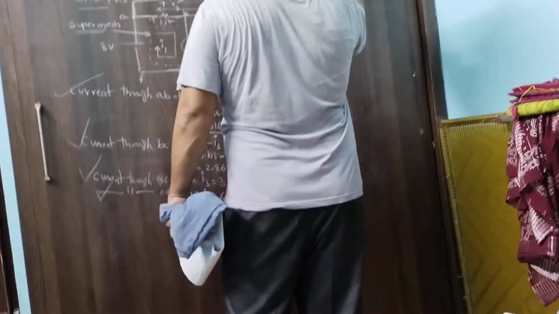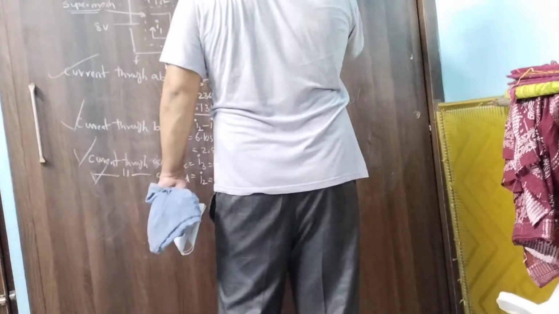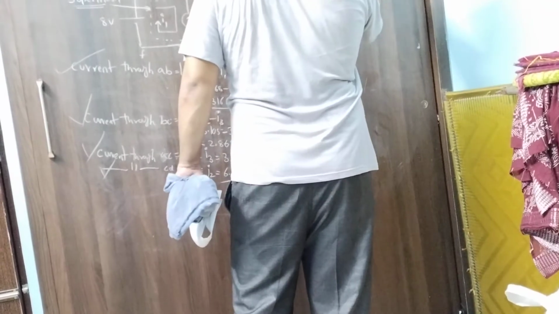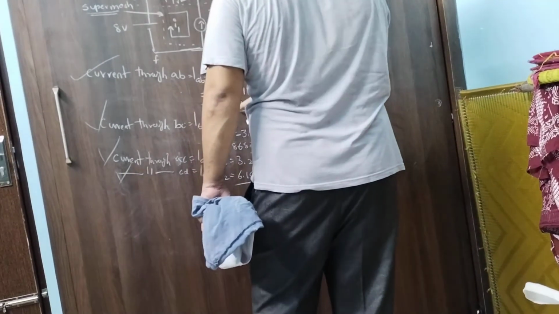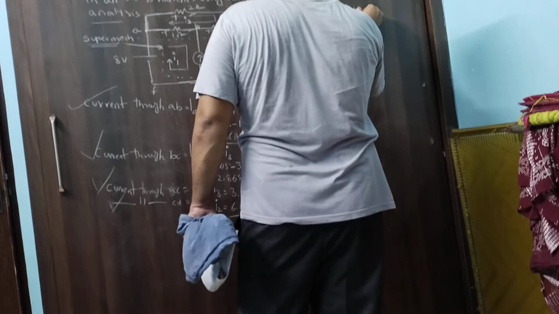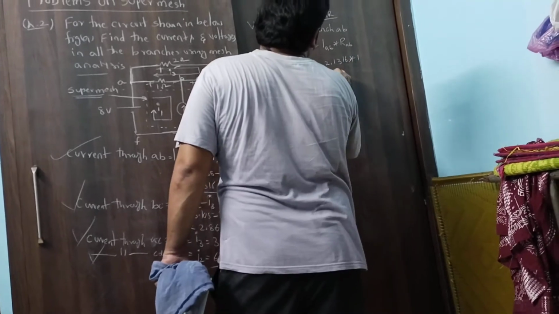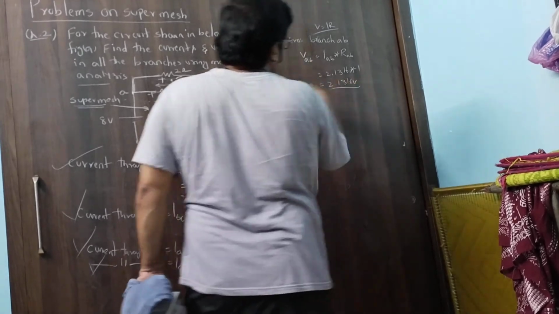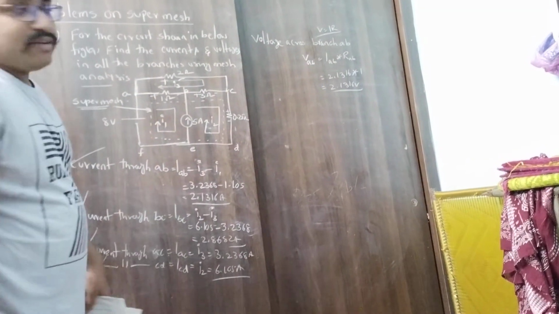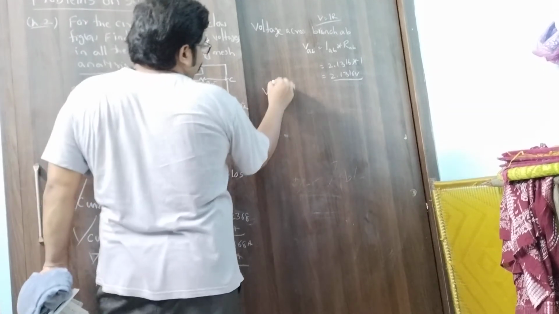V is equal to I into R. So IAB multiplied with RAB. What is IAB? IAB is 2.1316 multiplied with RAB. Which resistance is there here? 1. So you are going to get 2.1316 volt.